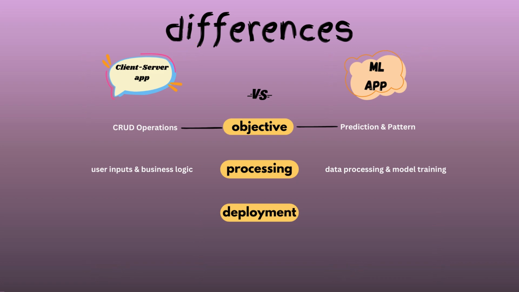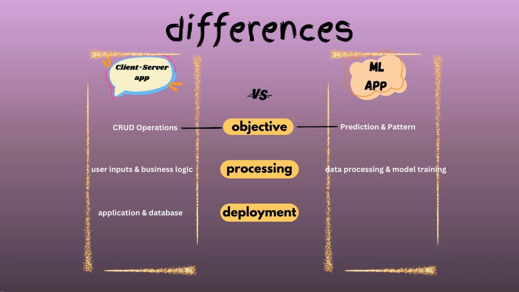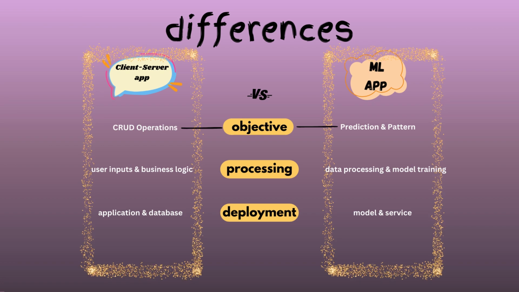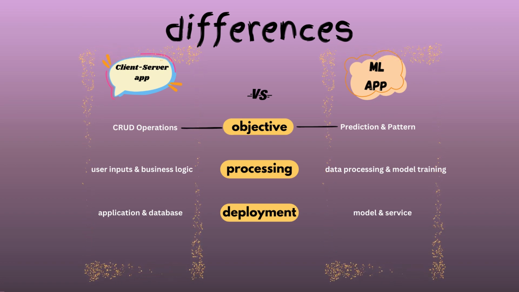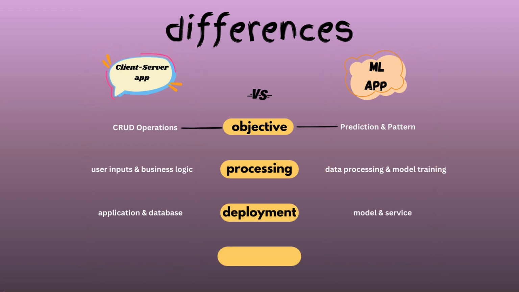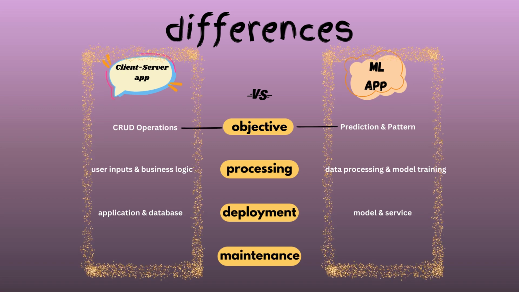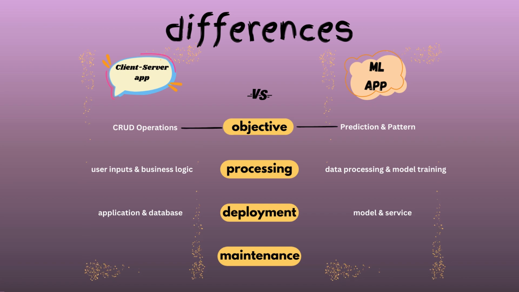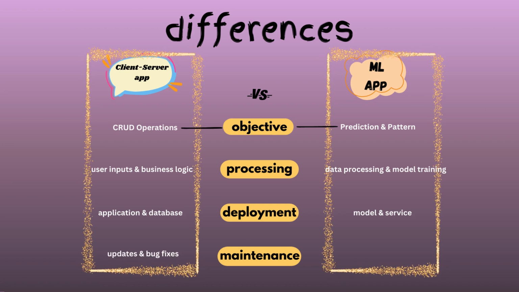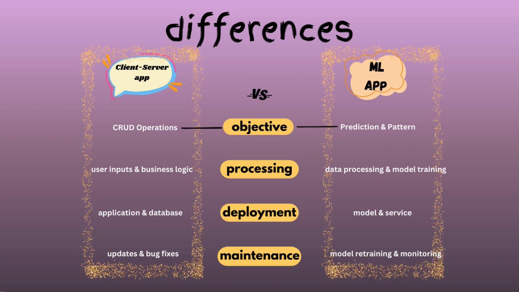Deployment. In traditional projects, deployment involves the application and database. In ML projects, deployment includes the model and sometimes a separate service for predictions. In maintenance, traditional projects require regular updates and bug fixes. ML projects require model retraining and performance monitoring.